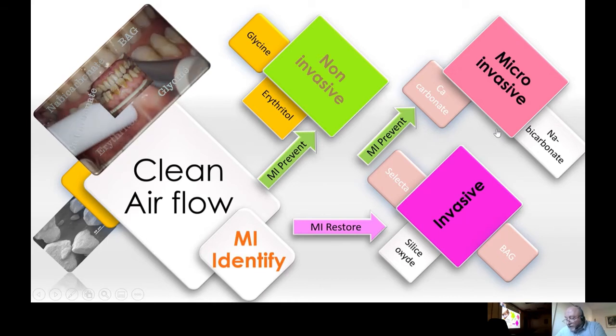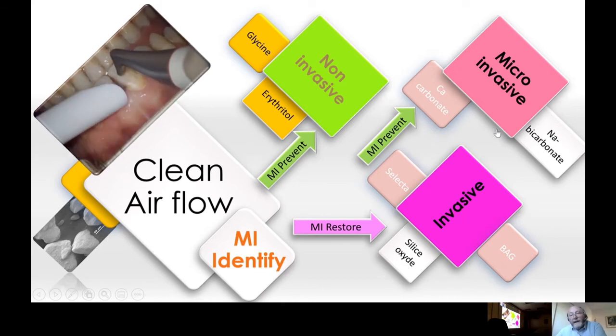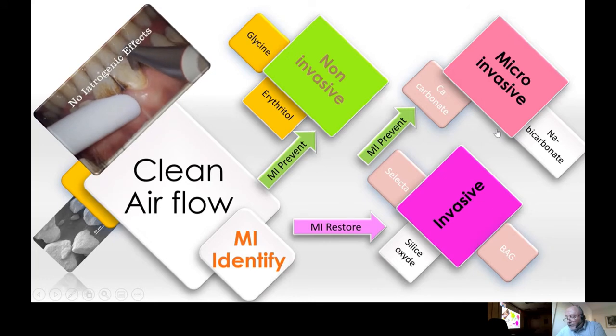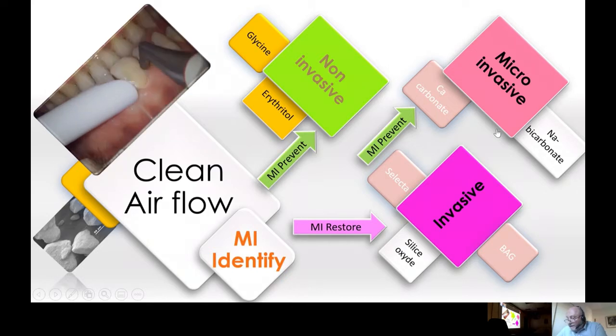Glycine, soft sodium bicarbonate, and erythritol powder are used on purpose as non-invasive treatment. Silicon oxide is for invasive treatment or specific dentin conditioning.